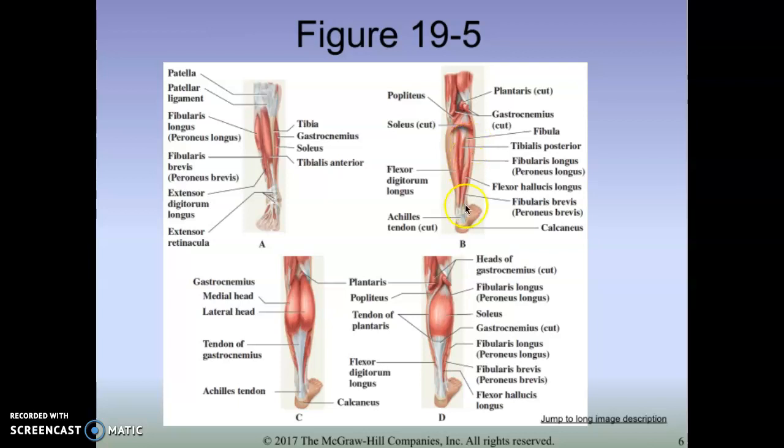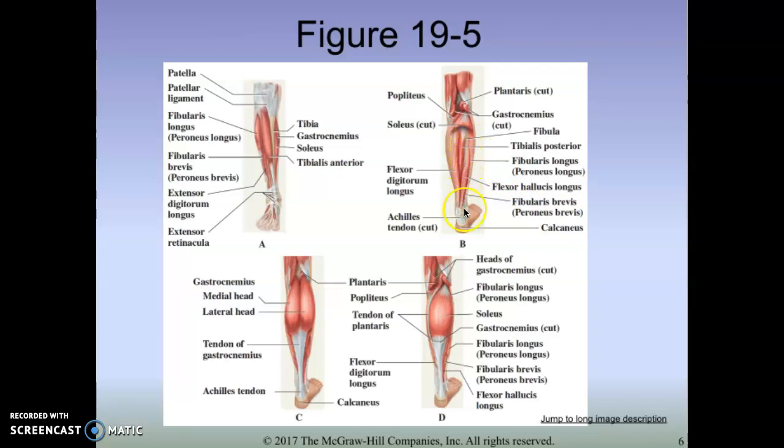Okay, then on the outside of the calf, we have the peroneal muscles. You see peroneus longus and peroneus brevis. Depending on where you look in literature, they've renamed them to fibularis longus and fibularis brevis. I see the word peroneal used more often, so we're going to use that for this class. The peroneal muscles are on the outside of the lower leg.